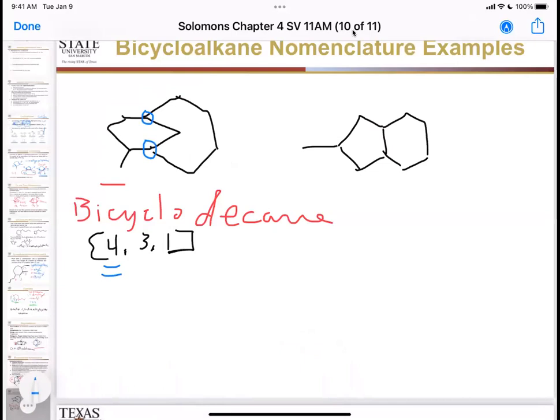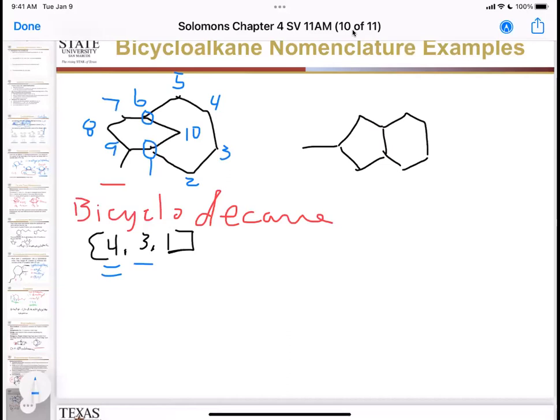So we're going to go 1, 2, 3, 4, 5, 6. So where do we go next? If we started with the largest one, we're going to go to the next largest one, the 3, 7, 8, 9. And we don't count our bridgehead carbon again. So that means our last position is 10.